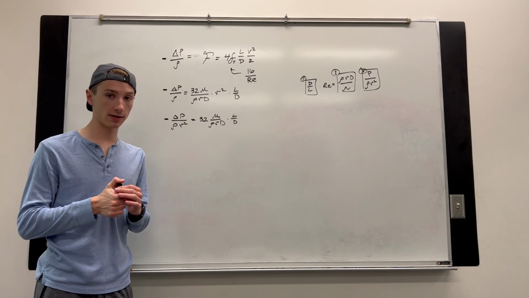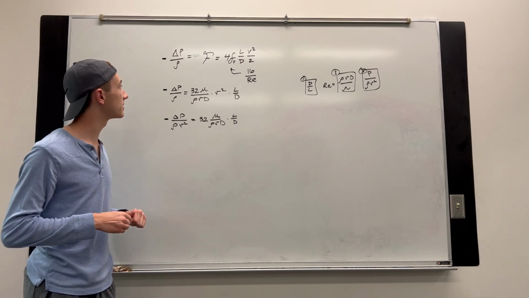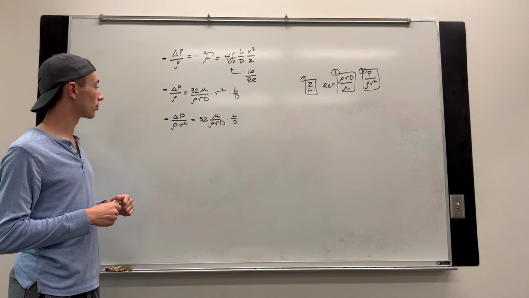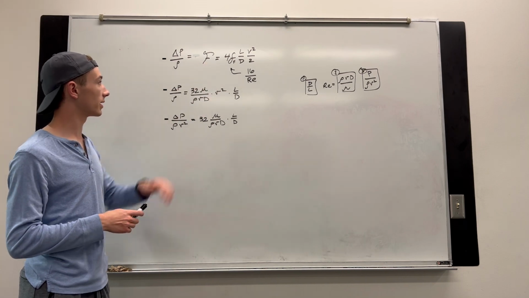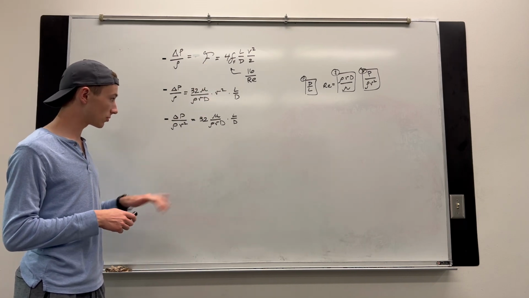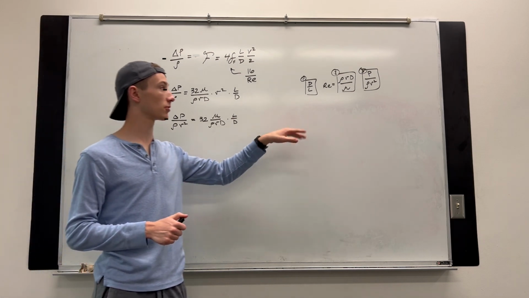So I think we've effectively solved the problem now. We've shown that our Bernoulli's equation with the frictional heating is really just a combination of our dimensionless groups.